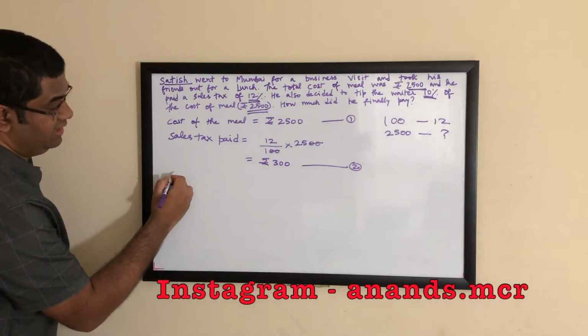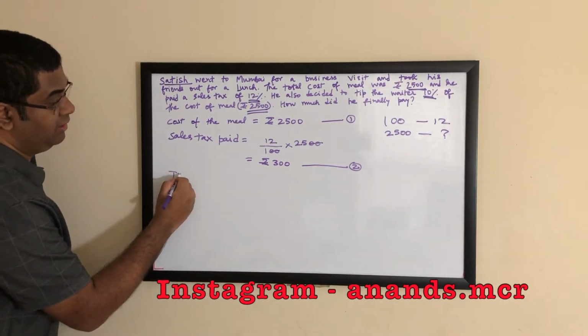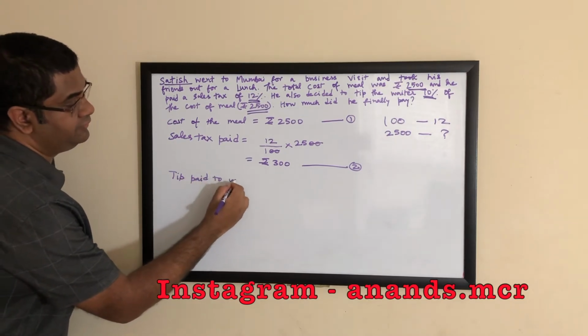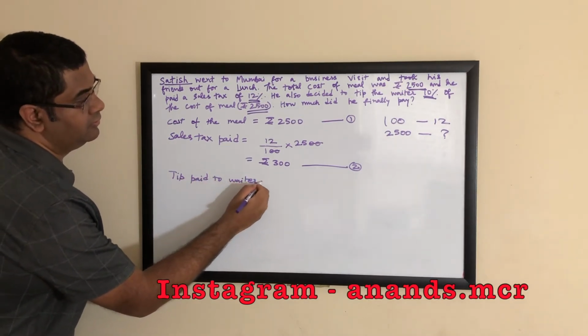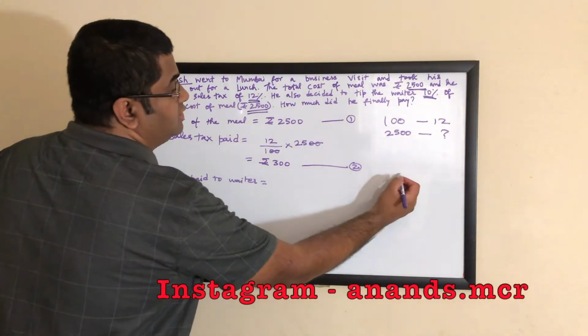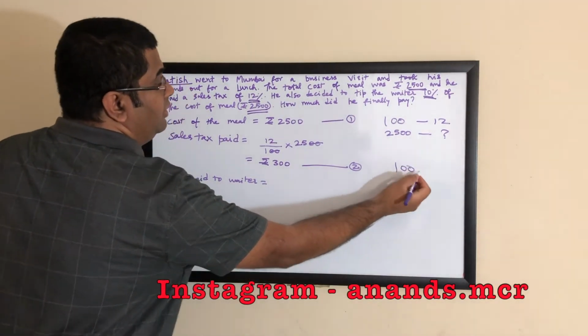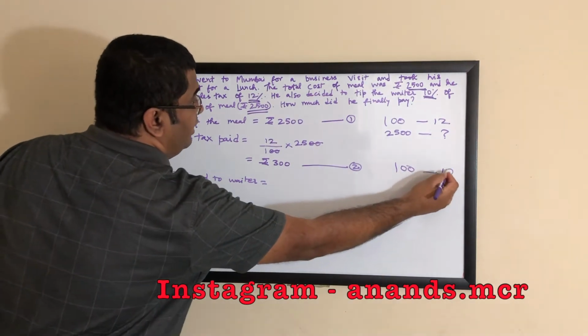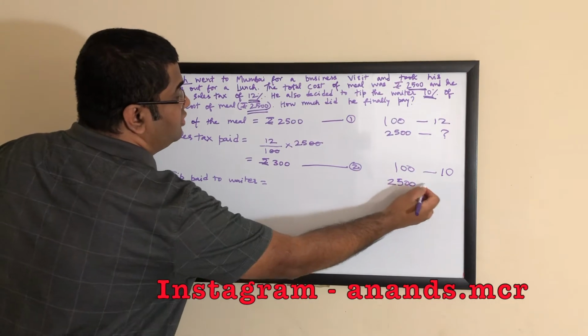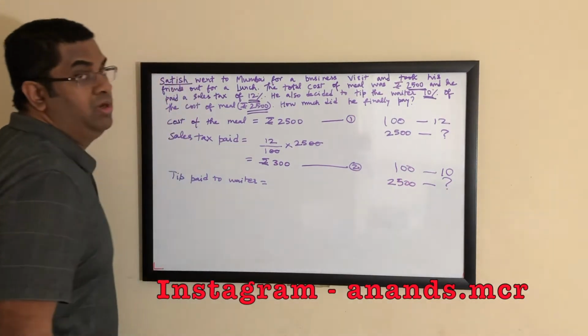And finally, we have to calculate the tip paid to the waiter. Again, the same logic, friends. If the meal had cost 100 rupees, Satish would have paid a tip of 10 rupees. Out of the meal that cost 2,500 rupees, we have to find the tip amount he has paid.